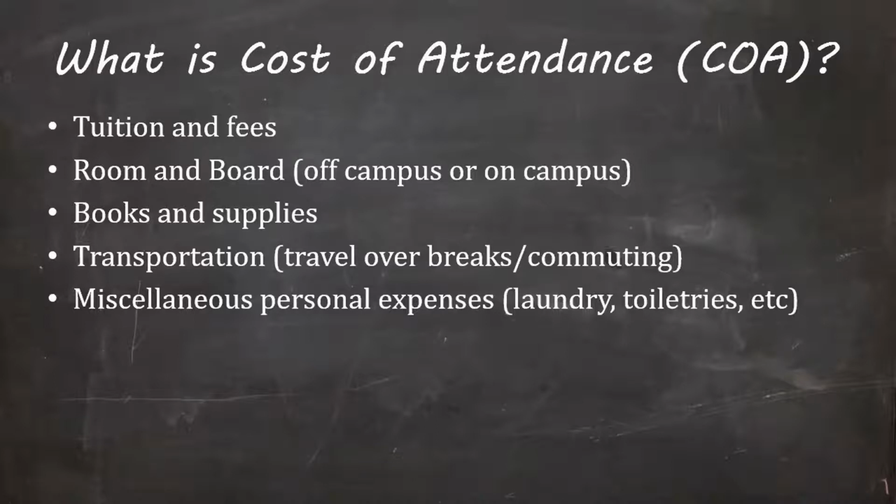Books and supplies, transportation. We think it's good for students to think about traveling here on campus. Maybe you're commuting. Maybe you're attending here from out of town. Think about expenses that may be needed for traveling over breaks to get back home.